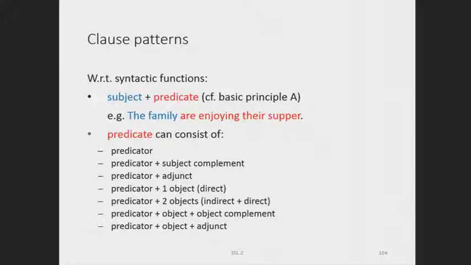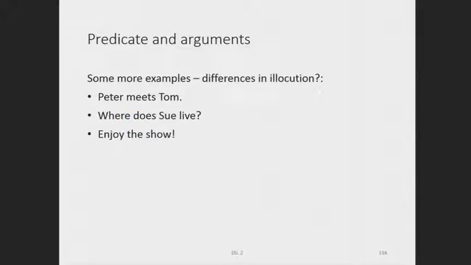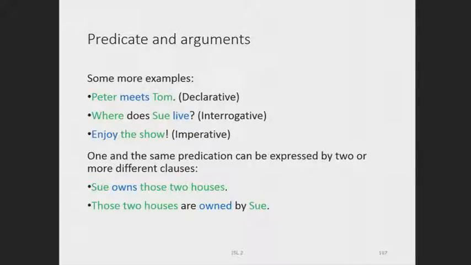Okay, we talked about the predicate, we talked about the predicator, we talked about what the predicate can consist of. Talked about arguments, yes. And then a little thing, there are differences in illocutions that I'm sure you're aware of. So we can have declarative sentences, interrogative sentences, imperative sentences, and they're determined by the patterns that I have. Like here, of course, I have the subject-verb-object pattern.